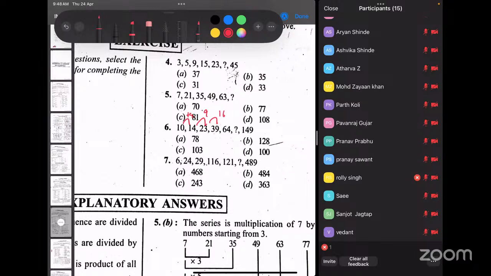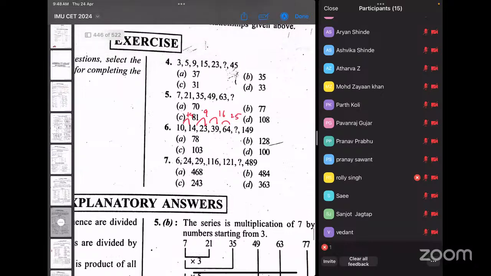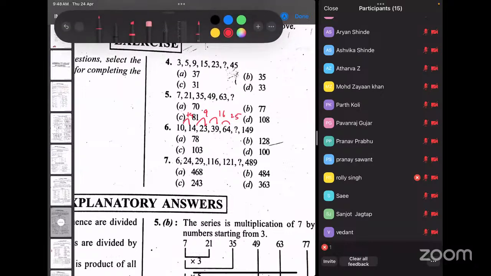Is there any series between 4, 9, 16? The differences are 4, 5, 9, 16. The next one is 39 and 64. Difference between 39 and 64 is 25. So is there any series 4, 9, 16, 25?